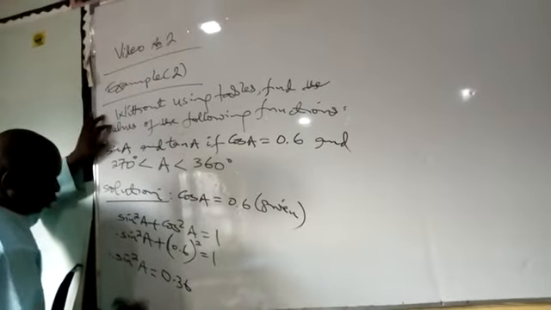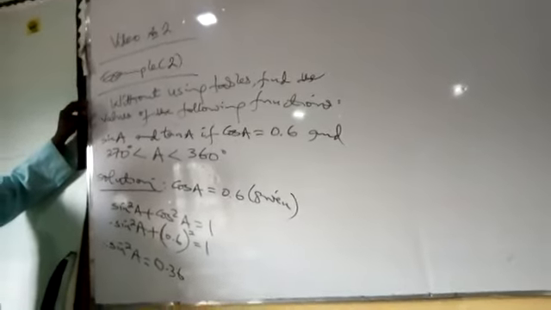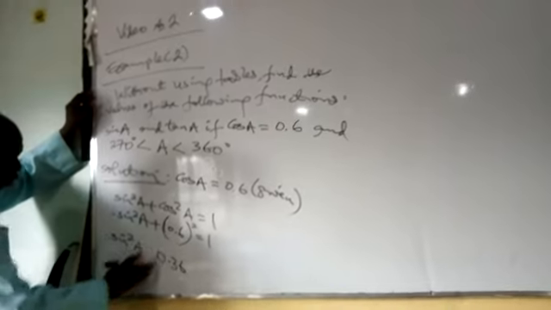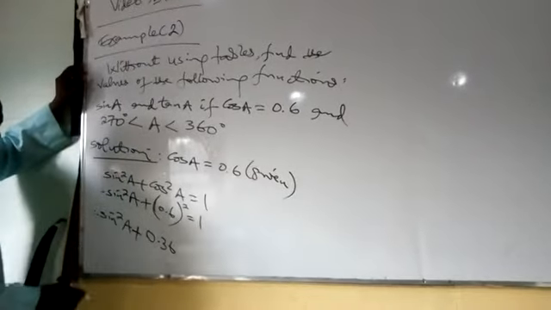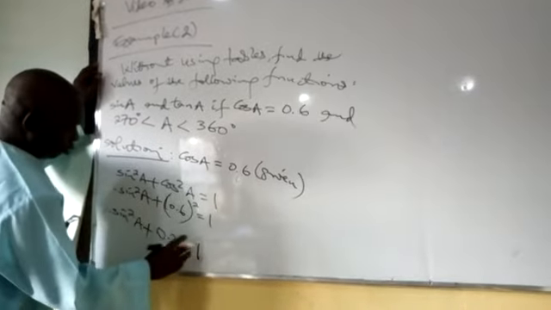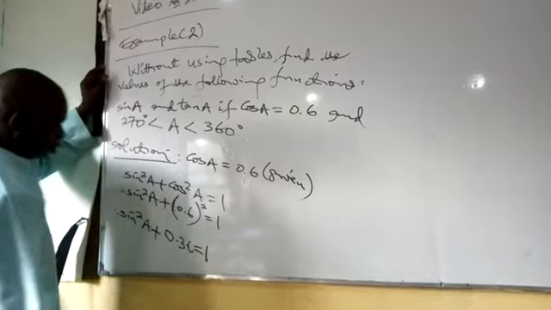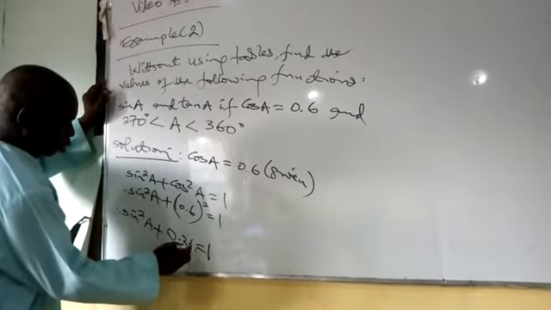Therefore, 0.6 squared is 0.36. So sine square A plus 0.36 is equal to 1. Now I make sine square A the subject of the formula.